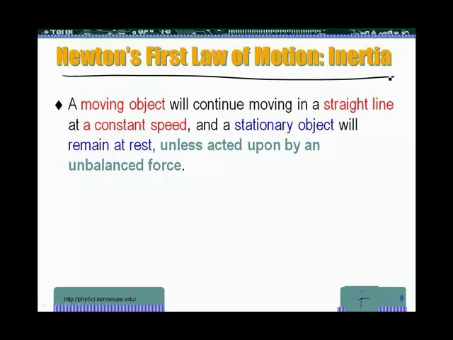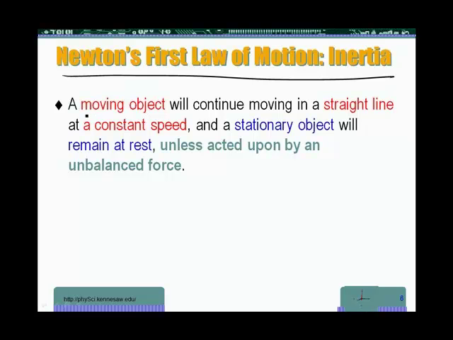Now, you heard of this law many times. Usually, it was not phrased exactly the way I have it written here. Probably you heard it: an object in motion will stay in motion, an object at rest will stay at rest. Okay, and that's essentially what we have here, but with a few important qualifiers.